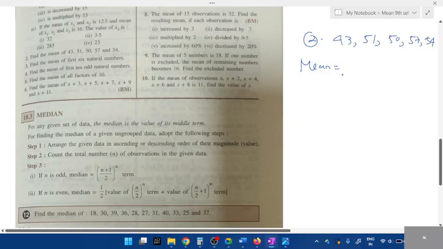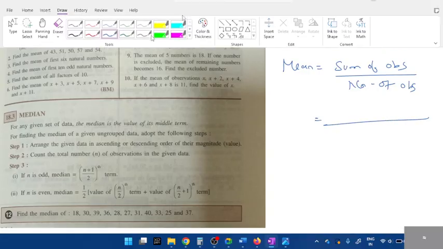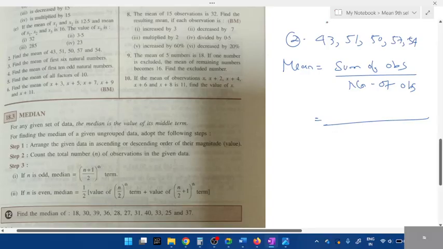So what are you supposed to do? What's the formula? Sum of observation divided by? Yes. So these are the observations, students. Total how many observations are there? 1, 2, 3, 4, 5. Numerator. Sum of observation is what? Sum meaning is add or subtract? Addition. Complete this. Add all 5 divided by 5.